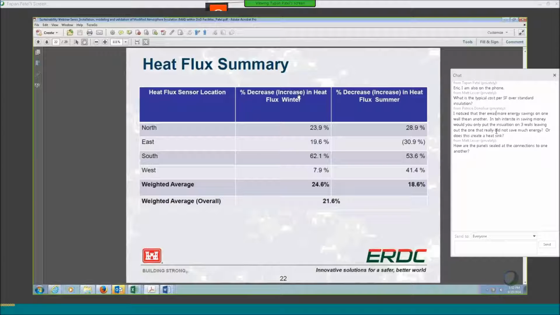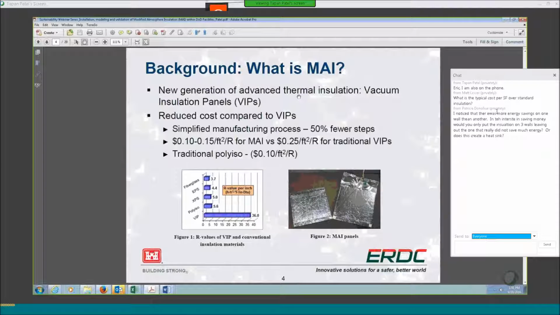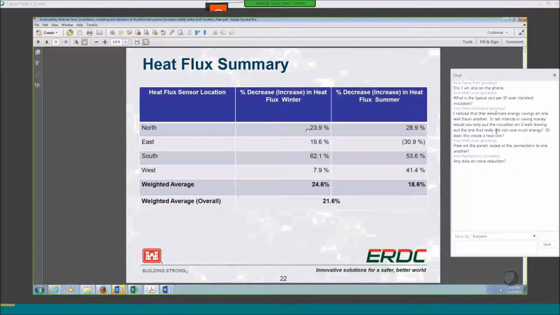So that's part of the reason we saw some of these effects. And in this facility, the north wall also had a poured concrete section in there. It used to be used as an arms vault, and so that added some additional insulating properties that we wouldn't normally expect. So I don't know the answer to that question.